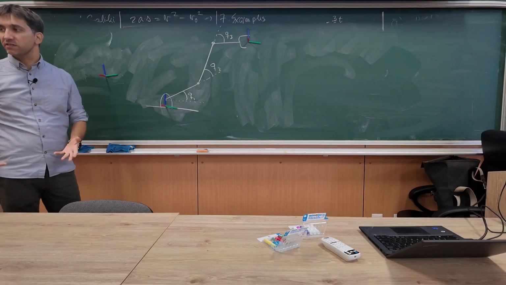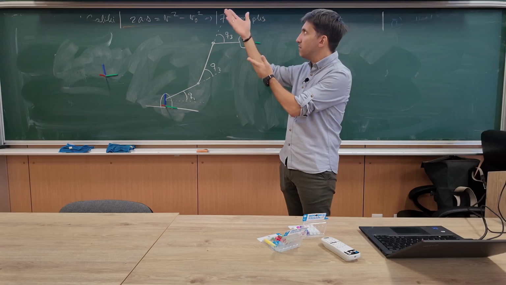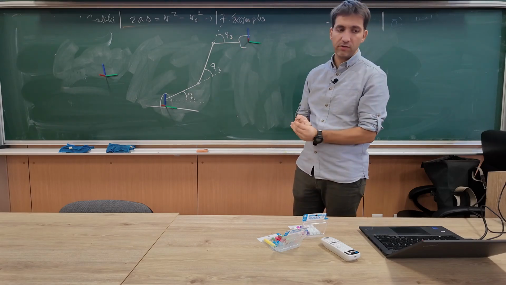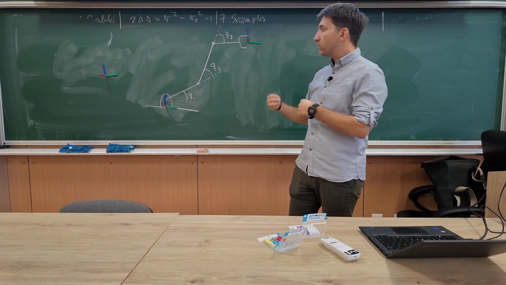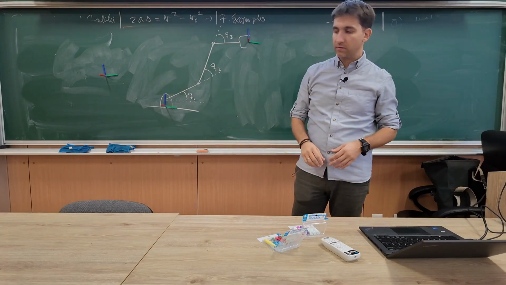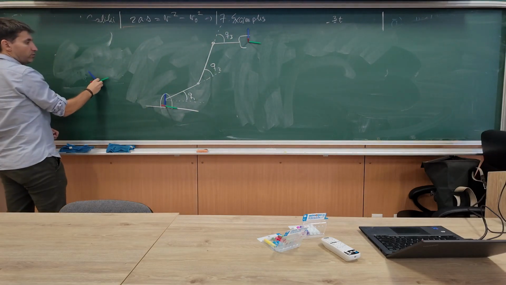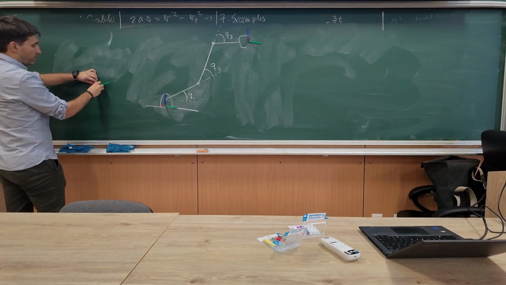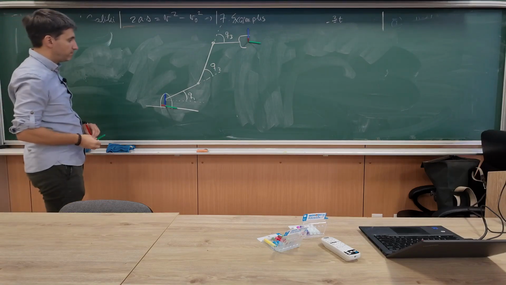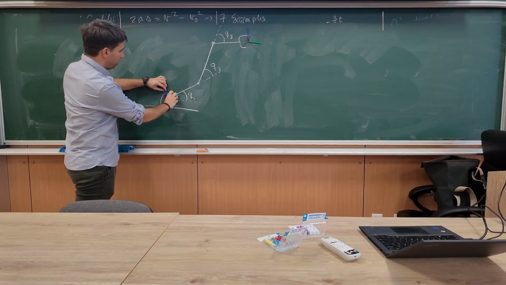Right, the logic is the same. I start by identifying what are the links at the joints. It's the same links, it's the same robot basically, but in a different configuration. And I go and put frames on each link at the level of the joint. Right? So here, for instance, I would put something like this.